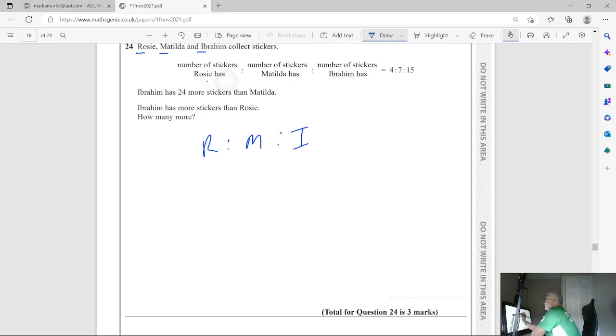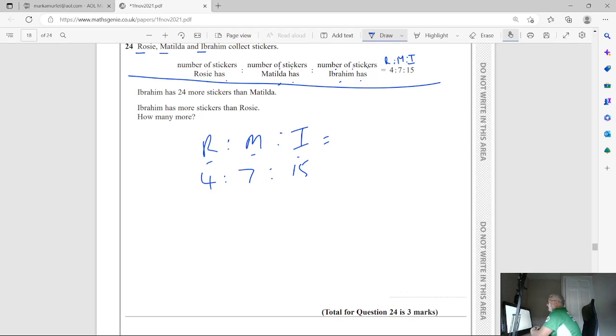Number of stickers Rosie has, number of stickers Matilda has, number of stickers Ibrahim has equals 4 to 7 to 15. So all we've done is we've taken the whole of that top piece of information and written it again, but put in an R, an M, and an I over the top of it. That's all we've done.